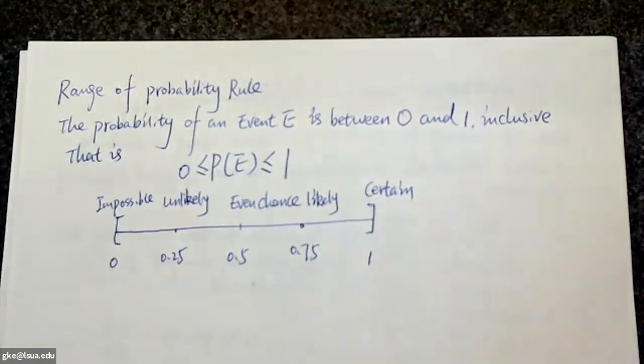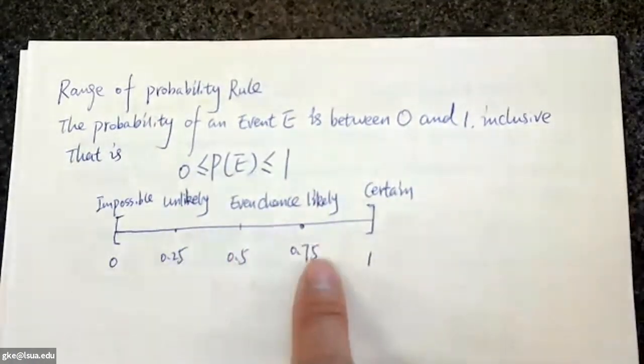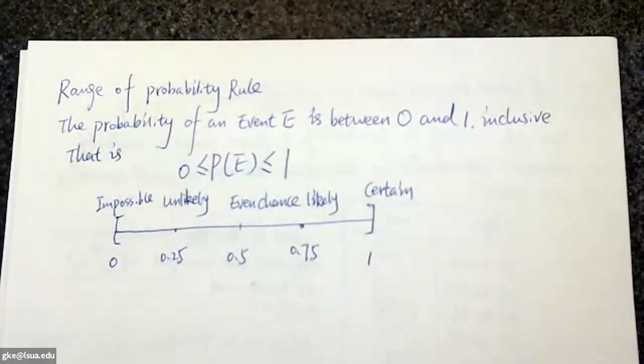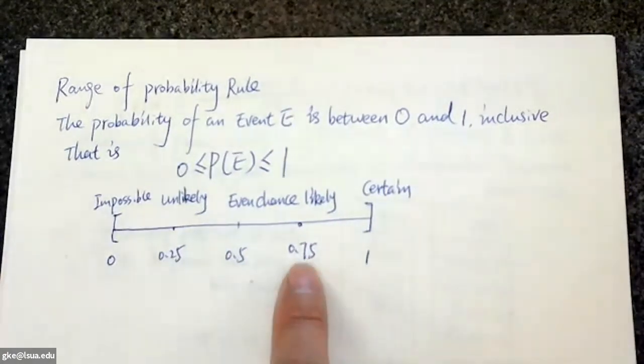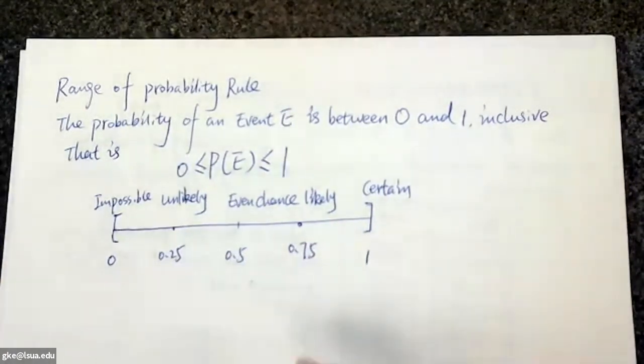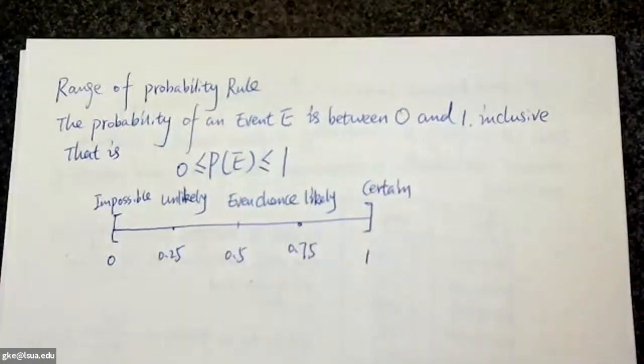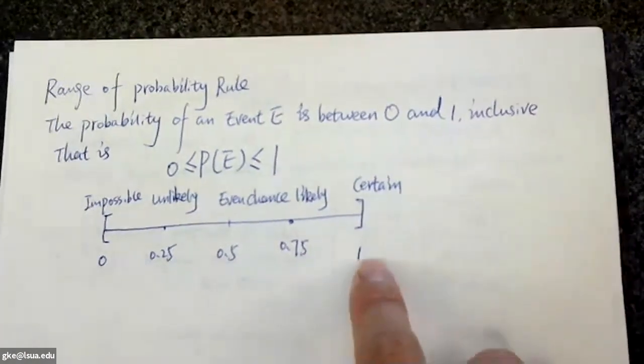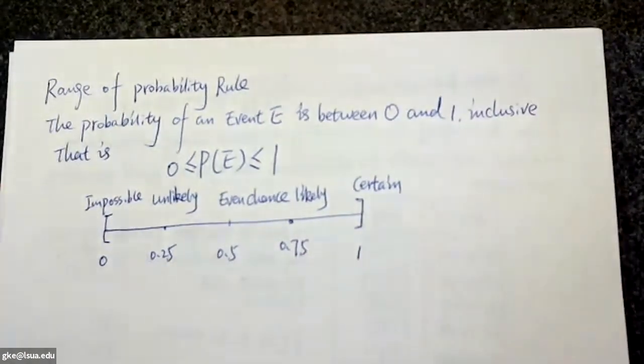So even chance. And if the probability is greater than or equal to 0.75, that event is likely to happen. If probability equals 1, that event definitely gonna happen.